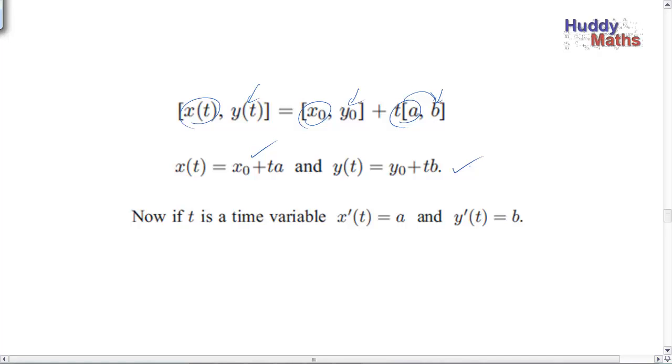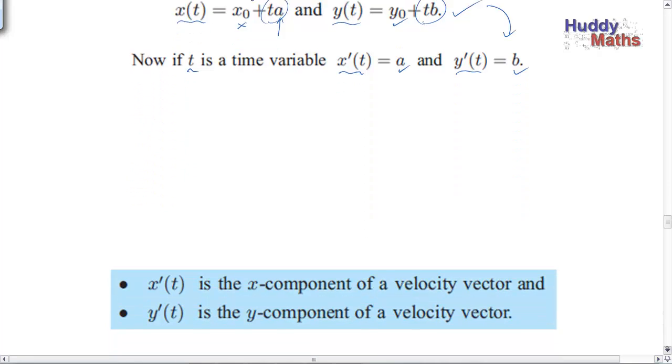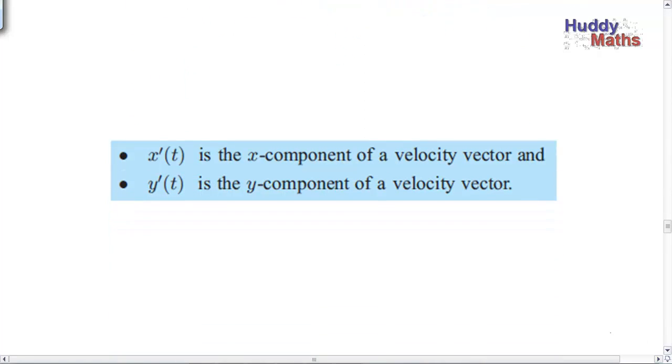Now, if time is a variable, let's differentiate this and this with respect to time. x dash t, that's a constant, so the derivative of this function with respect to time is the constant, x to the n rule, so it's a, and the derivative of this function with respect to time, that's a constant with respect to time, and so this is b. So x dash t is a and y dash t is b as the rate of change of these two parametric forms here. And so what do you notice?